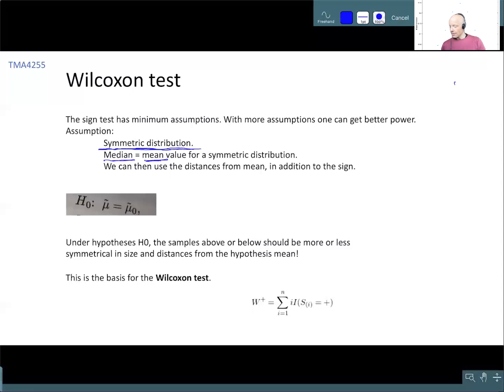So the Wilcoxon test is based on looking at signs compared with this specified value, but also looking at the distance from this value. And it's sometimes called the Wilcoxon rank test because it's formed by taking some ranks and then the sign. So this is the rank and this is the sign of that rank.